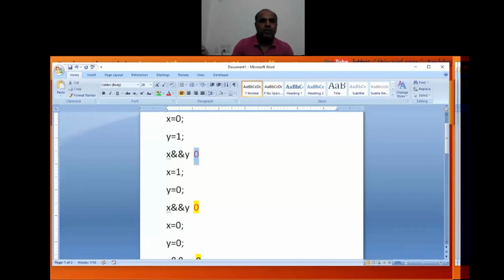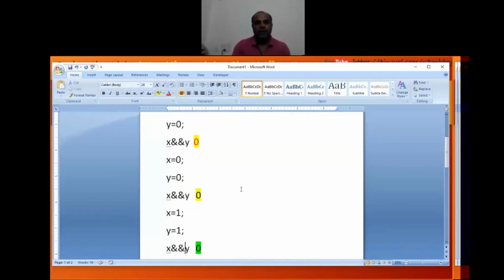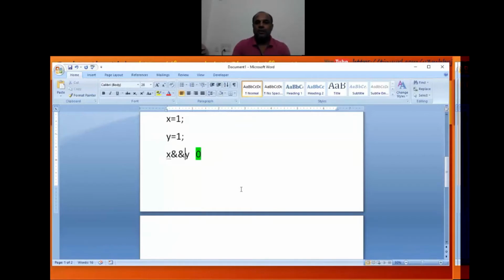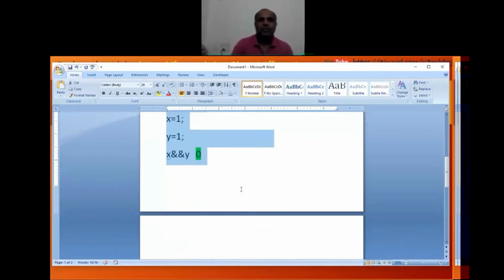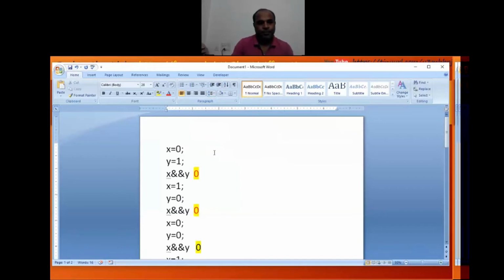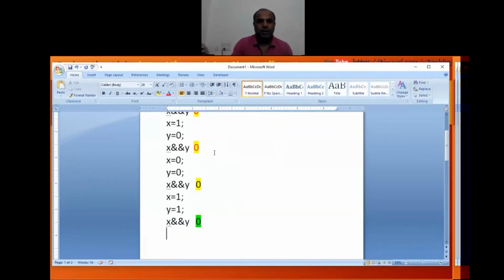So you can see ampersand only gives you output 1 when both are 1. Otherwise, it will give you 0.